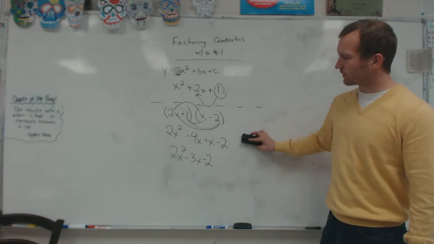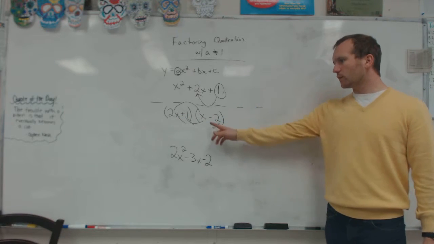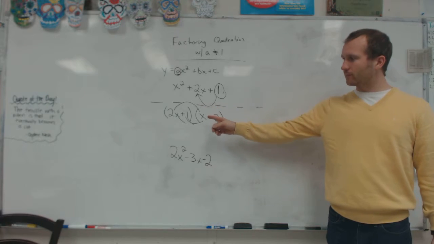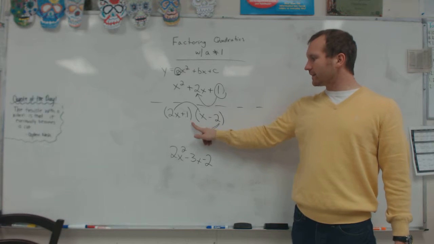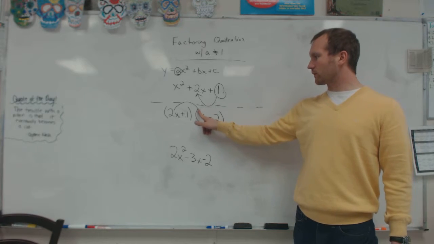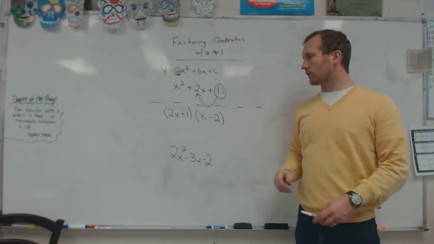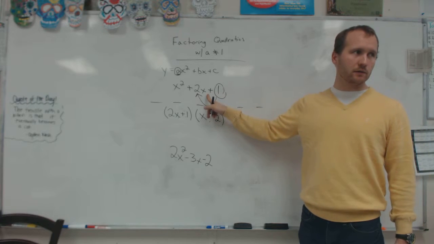Now let's try to go backwards. We already know the factors because I just told you them. 2x plus 1 and x minus 2. But getting there is a little bit trickier. It's a little trickier than it was when we just had something like this.